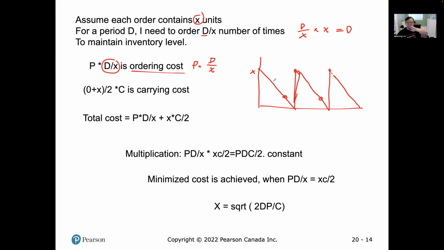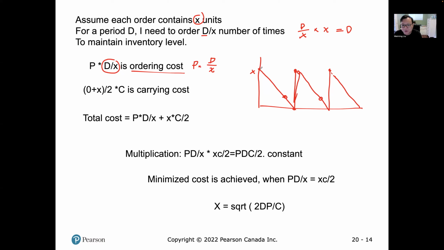So you can see that the inventory level at the highest is X, because that's the number of units you ordered, and at the lowest is 0. If it's perfect in my model, the new order comes exactly when I have sold everything.